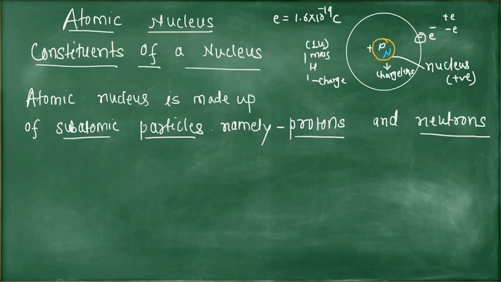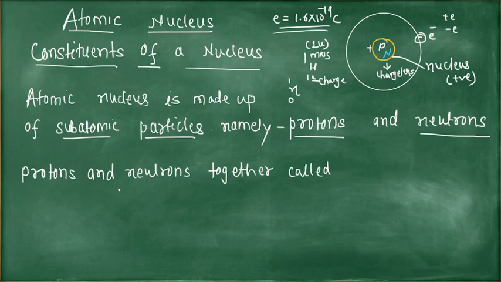So a proton has mass 1 atomic mass unit or 1 u, and the charge on a proton is 1 e, which is equal to 1.6 × 10^-19 coulomb. The neutron is represented by the letter n. The charge on it is 0 and its mass is also 1 u. Slightly, the mass is greater than that of a proton, but you can consider both masses almost equal. So these are subatomic particles.